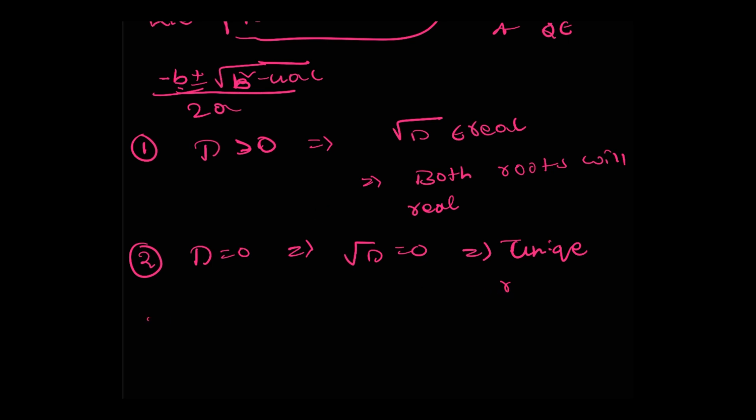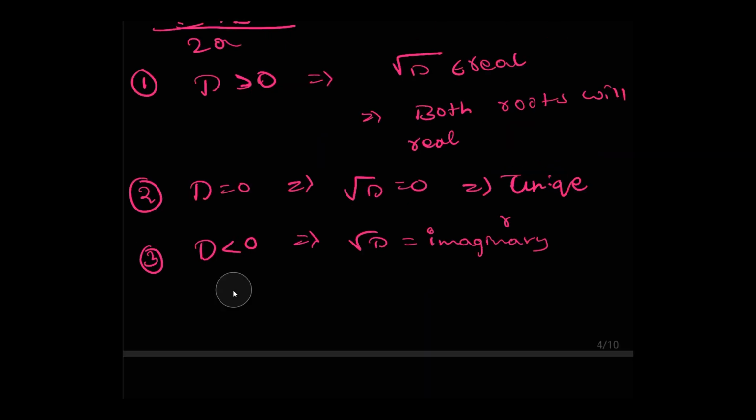Now the third case, an important case, D is less than 0. That implies root D must be imaginary. That implies roots of a quadratic equation must be complex numbers.